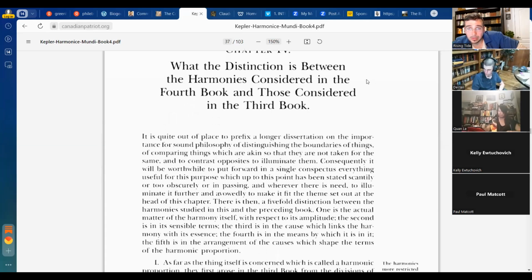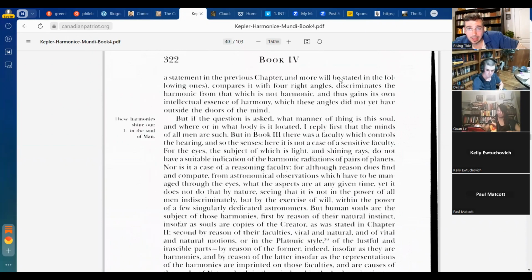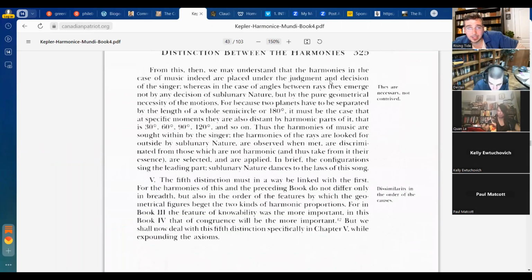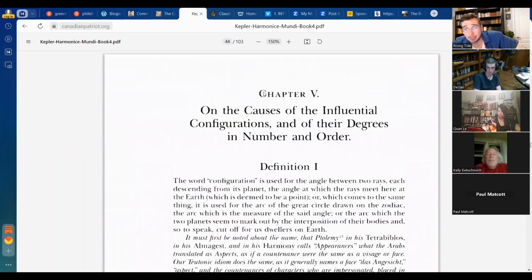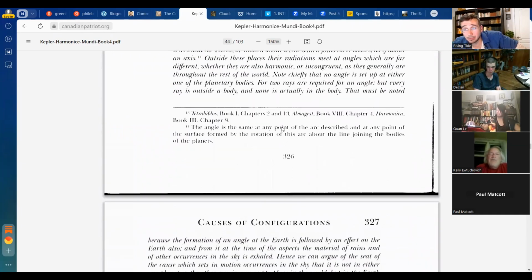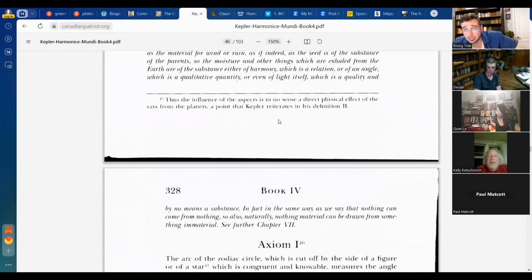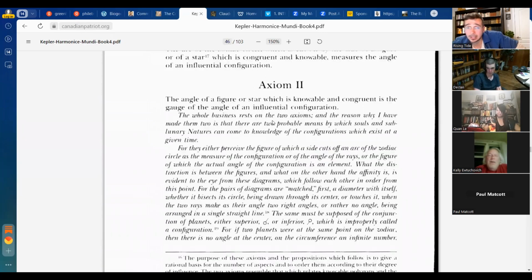What we're going to do next week, we'll read this chapter, and then when that's done, I'm going to expect that people take the time themselves to read this gigantic Chapter 4 on their own time, on the causes of the influential configurations and the degrees of the number and order. This one is important but grueling, and it's a lot of definitions and postulates written in sort of a Euclidean style, but it is anti-Euclidean.